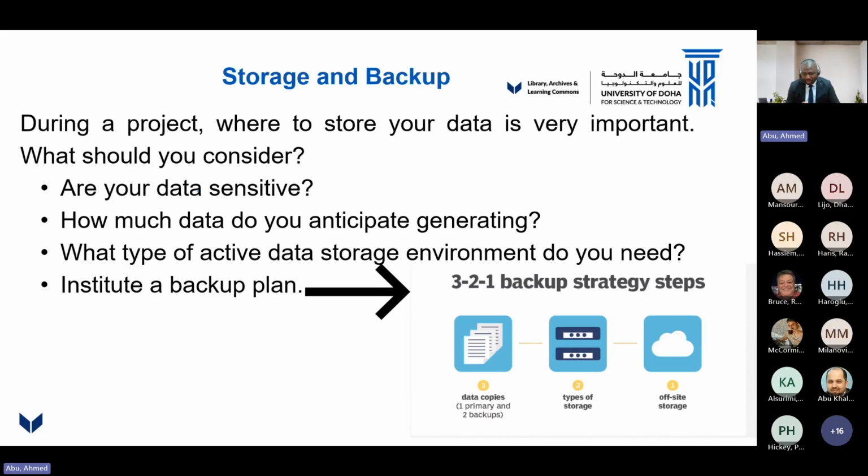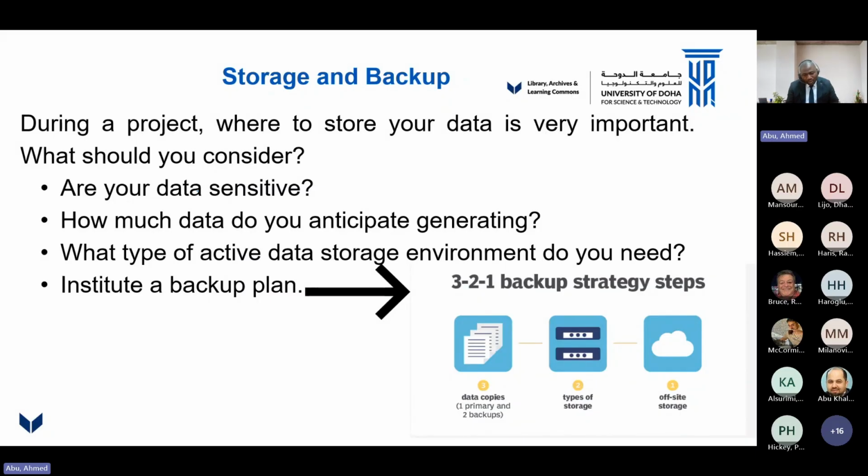So when instituting a backup plan, all you need to do is to create a strategy that protects against data loss, corruption, theft, or even system failure. The most common backup strategy is the 3-2-1. What the 3-2-1 does is that you have 3 copies.